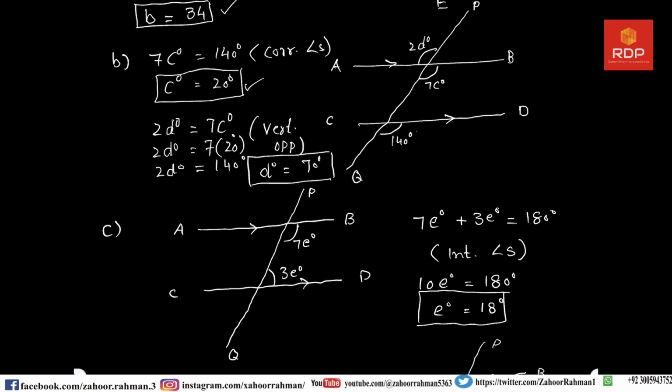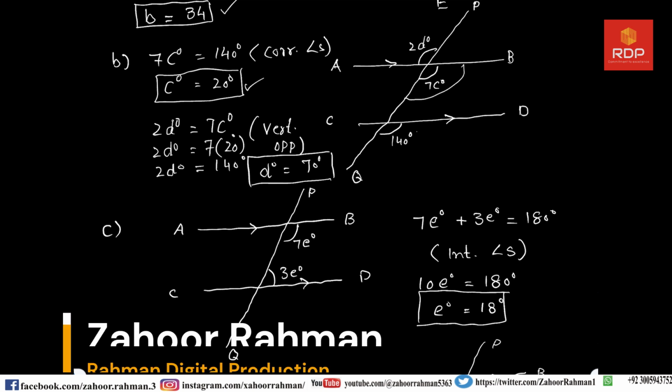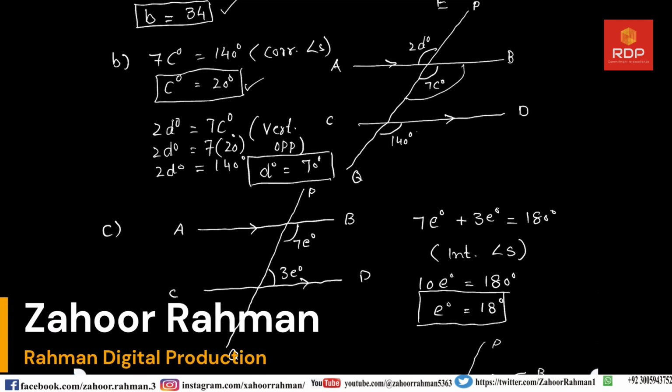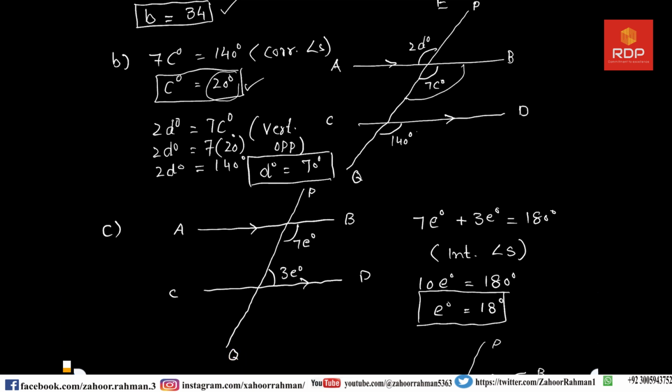Now dividing both sides by 7 we will get 20 degree, and that gives the value of c. Now if you measure this angle on the protractor and say we got 20 as the answer, why is it coming 140?